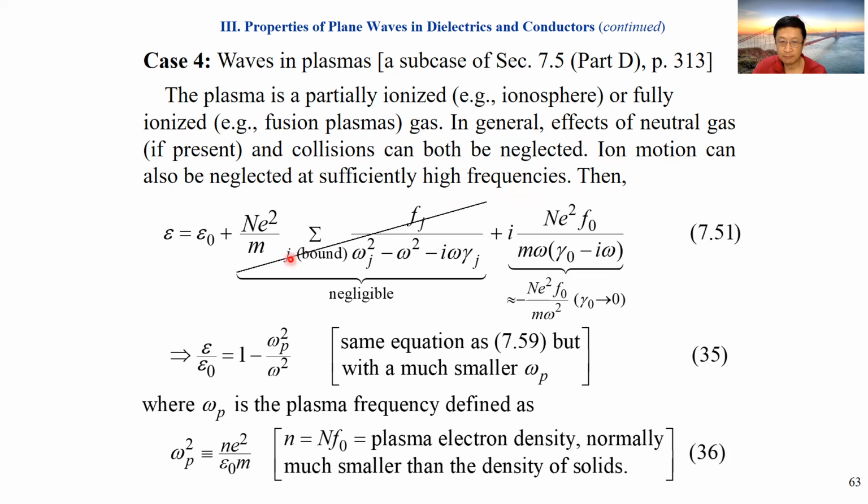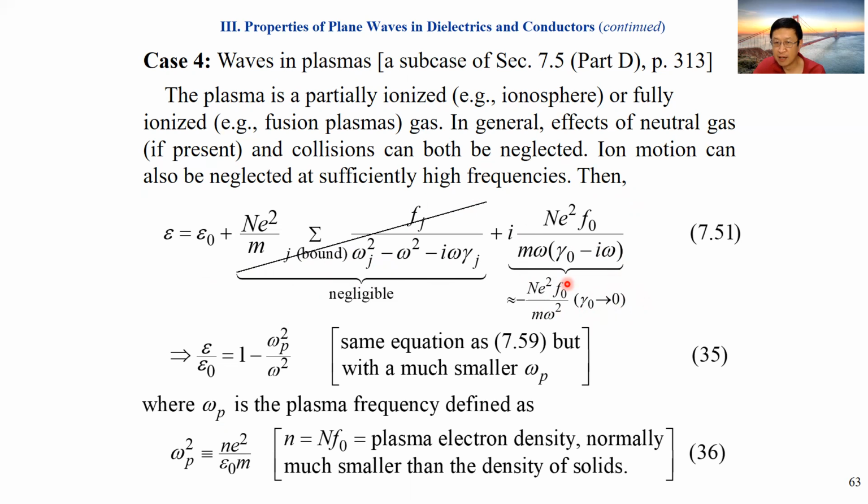Okay, so in this part, that's neutral gas; you can neglect it, and here we have gamma 0 approaching 0. Why? We have positive ions, positive charge, negative charge, but why is gamma equal to 0?